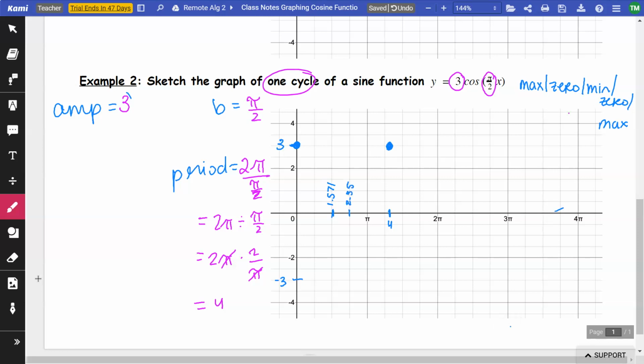So 2 is about here, we'll say. So then our minimum is happening at 2, -3.